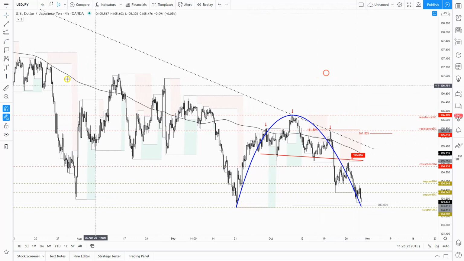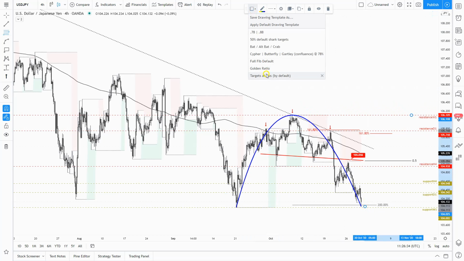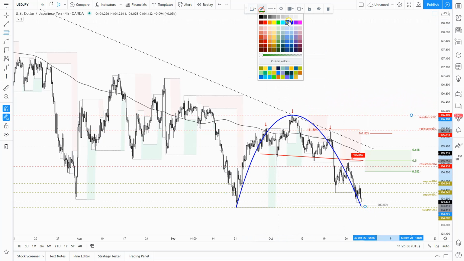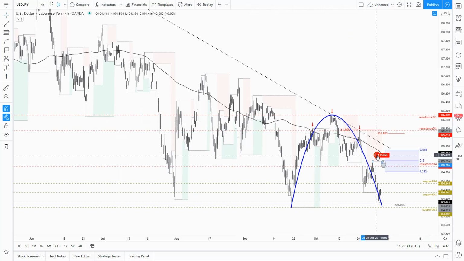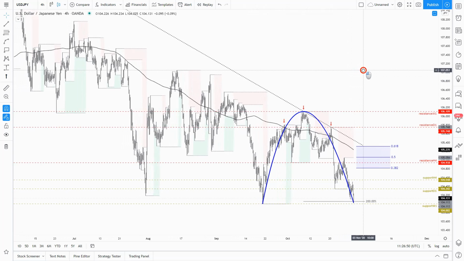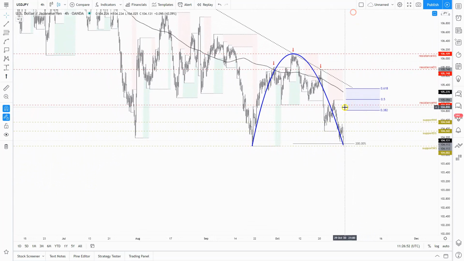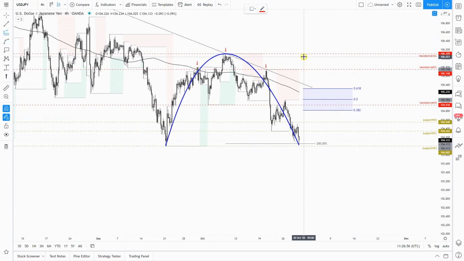Be very careful. Be very careful with this. In my opinion, we should have one inverted cup and handle. No? One eventual cup and handle, and let me identify those projections.